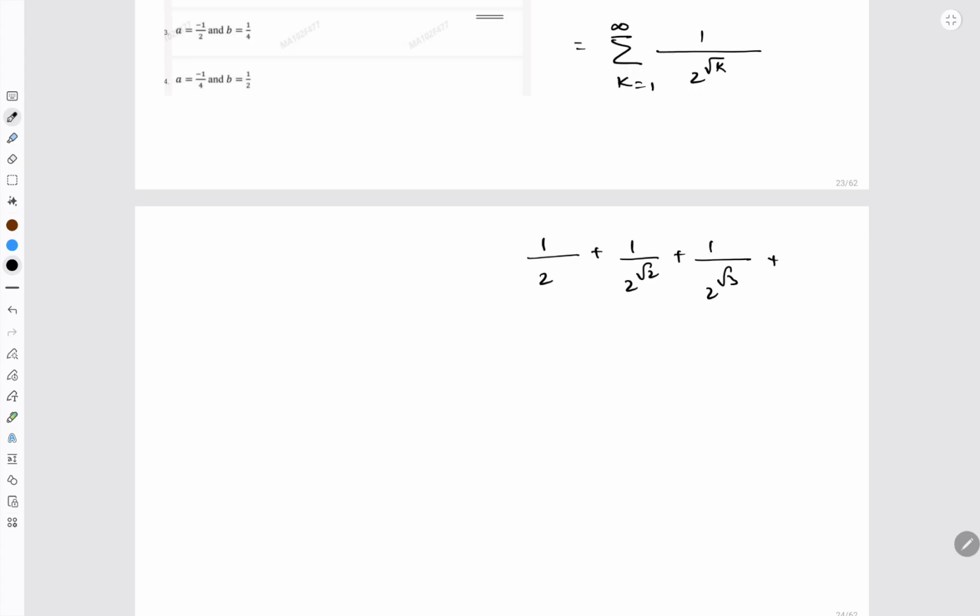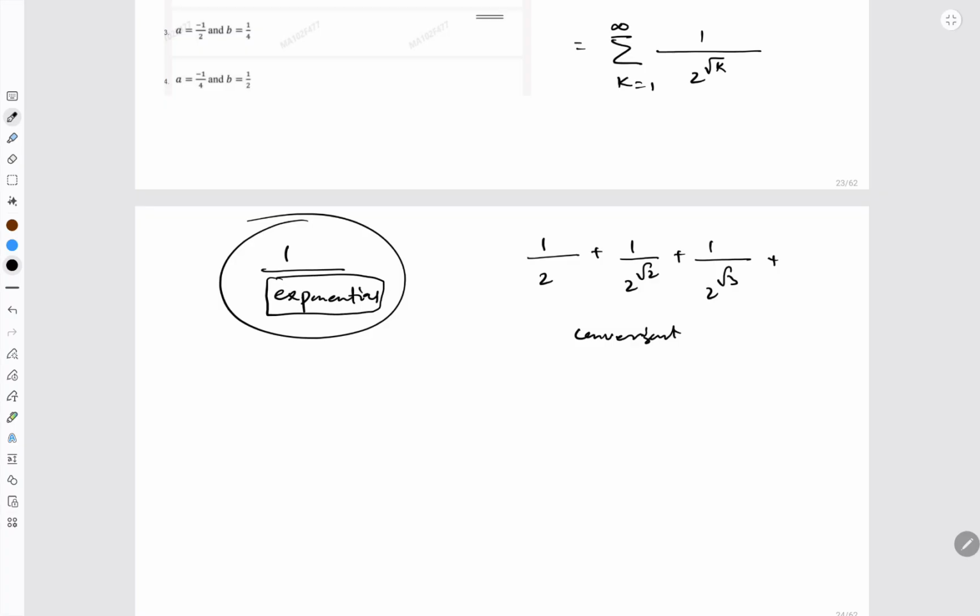This series, guys, what do you know about this series? This will be convergent, right? I know that 1 by an exponential term is always convergent. If you know this, you know this. 1 by an exponentially growing number will be convergent anyways. That is guaranteed.